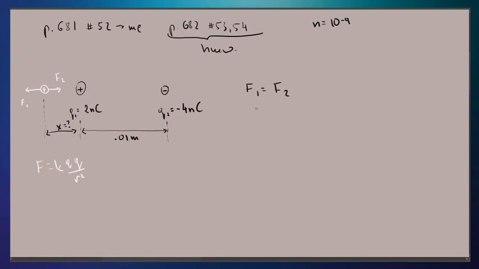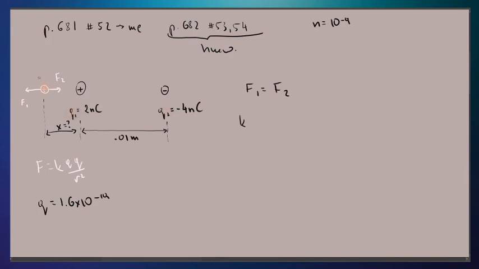And now F1 would be k times the charge of a proton. Let's just say Q is going to be the charge of a proton, which is 1.6 times 10 to the minus 19th. And then we have Q1 and we have Q2.